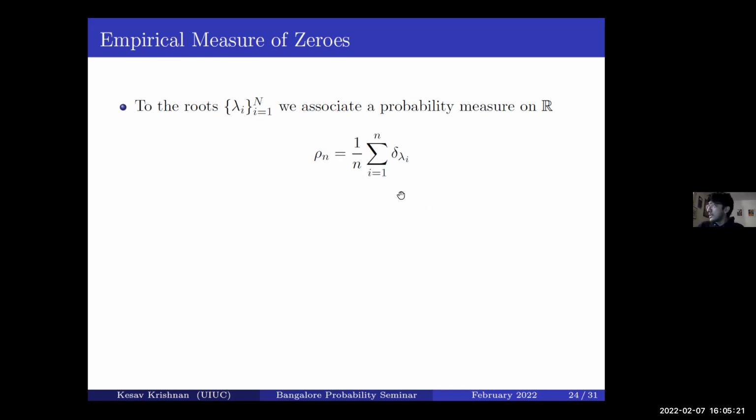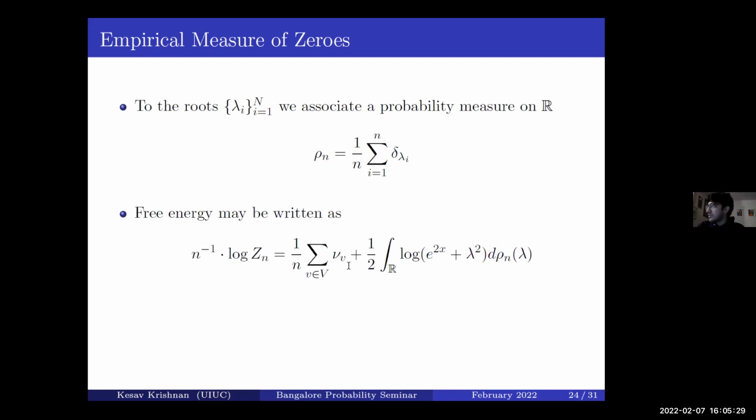What we do is consider the empirical measure associated to the Lee-Yang zeros. The free energy of our model, as well as the number of unpaired vertices, can be written in terms of this empirical measure.